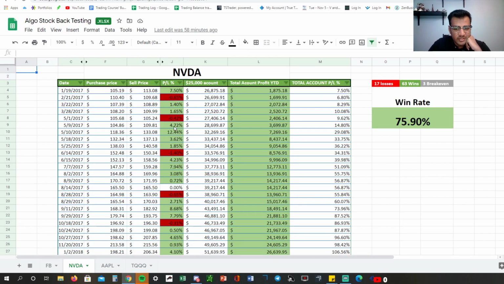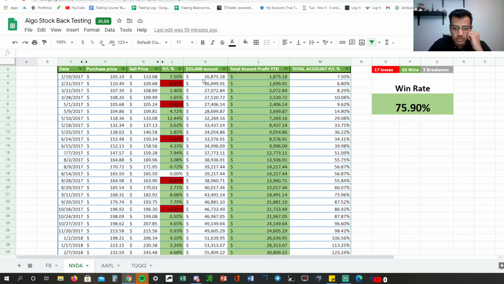Winning 12%, 4.2%, 1.65%, but our losses are very limited. So that's the most important part. That's how you grow your accounts, making sure your losses are small, right? That's why they always say cut your losses short. And with the system, your losses are always measured, and you're never in that chance like, oh, it might just crash that day, you might lose everything, right? That's never the case. Your stop loss is defined, and you're in good hands.